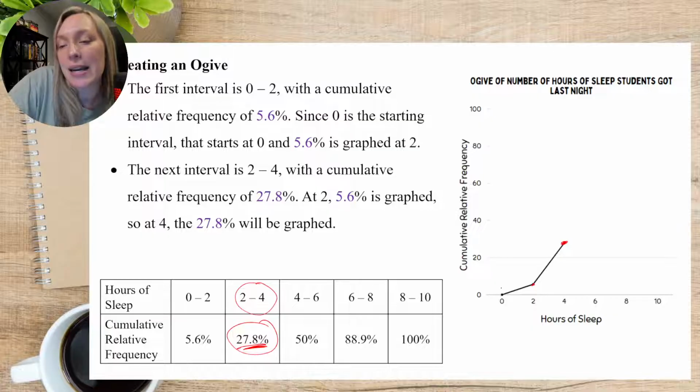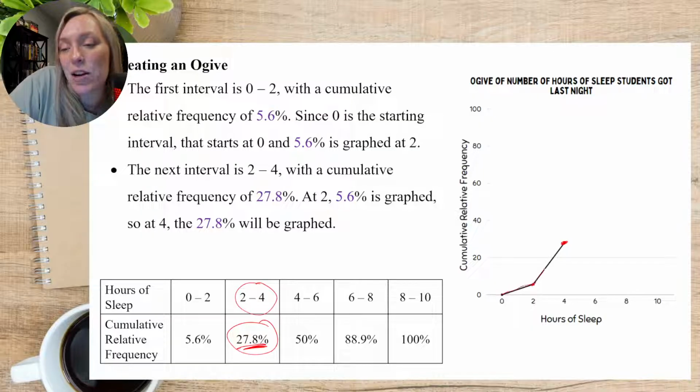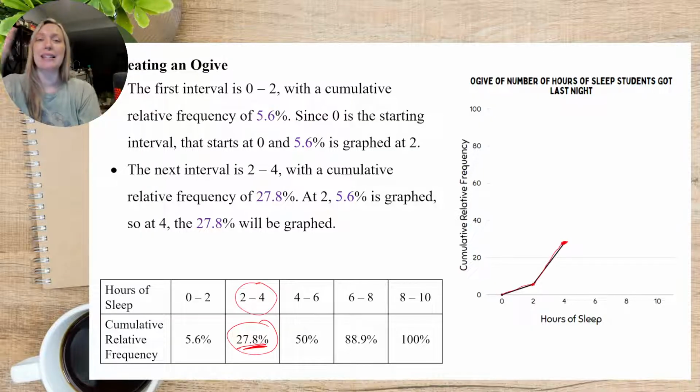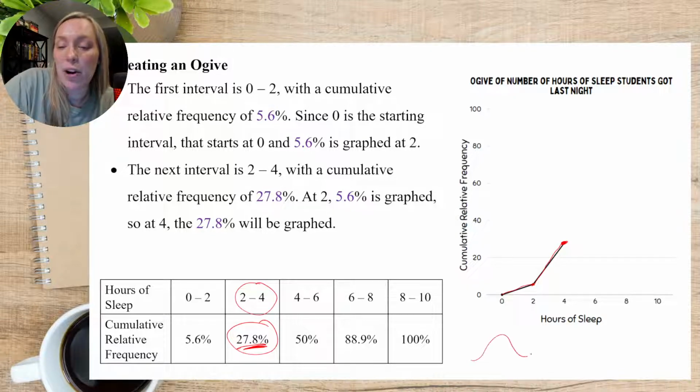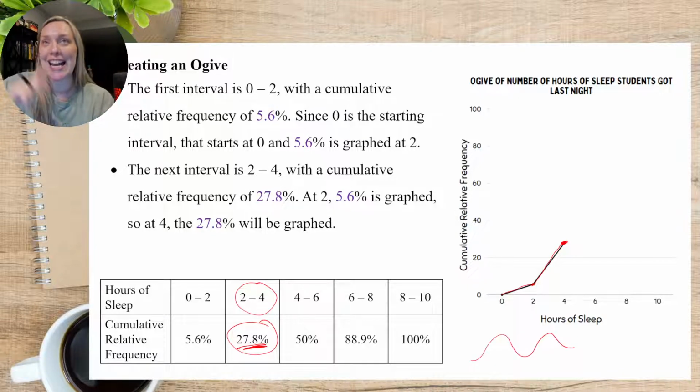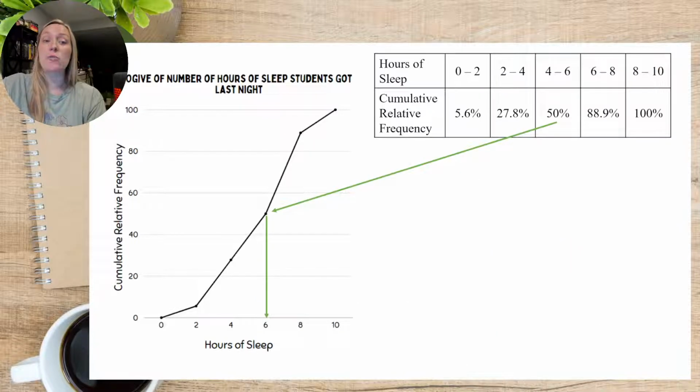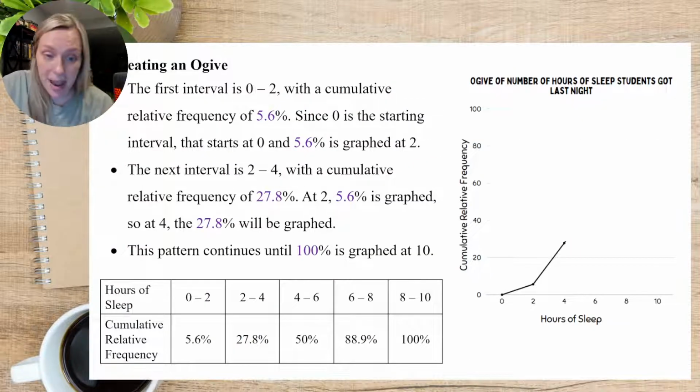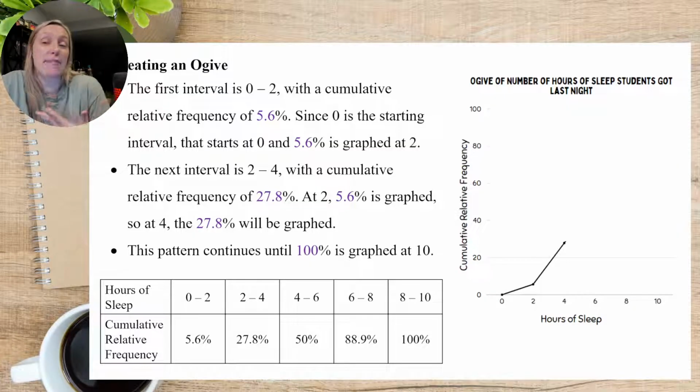So you can see I make line segments here. An ogive is connected line segments. It's not going to be like an algebra graph where we're going to try to get it all pretty and curved. Don't do that. It's line segments that connect these points. And we continue that pattern until 100% is graphed at 10.